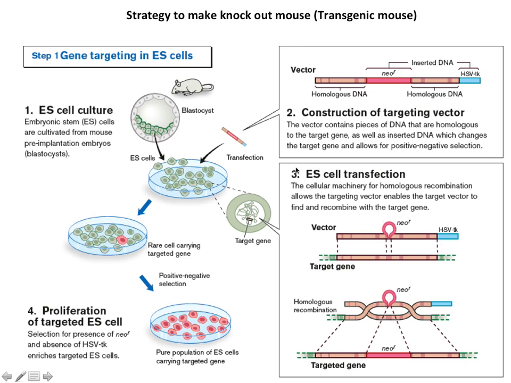So in the third step you can see the embryonic stem cell transfection. Once you have transfected the embryonic stem cells, the neomycin gene will be introduced inside their genome by homologous recombination. Here you can see how this neomycin resistance gene is inserted into the genome of the embryonic stem cell.